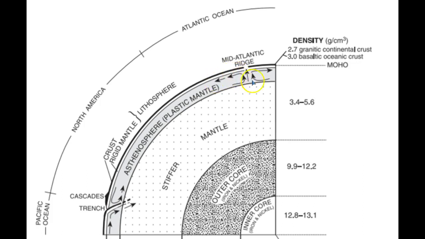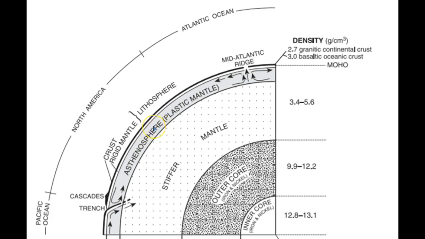This is why we have these arrows here that show us that there are convection currents in the plastic mantle. So you can see your warm plastic mantle that rises. As it rises, it cools, and then it sinks back down over here. These are also showing convection currents in our asthenosphere, the plastic mantle.